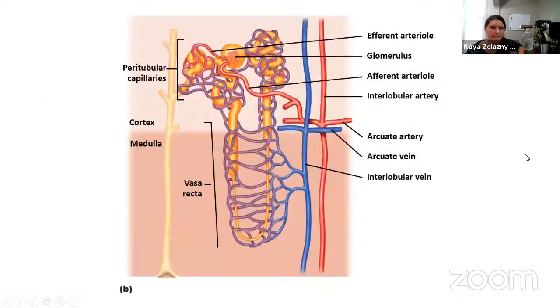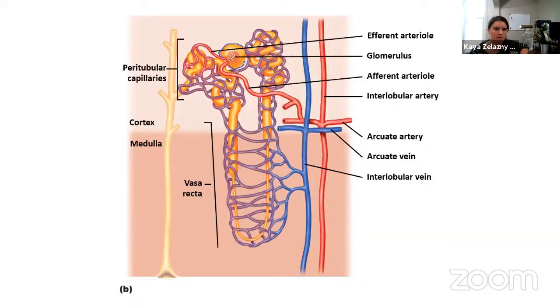Okay. So here we see a new but different picture of our nephron, right? So we can see some of the parts that I traced out for us at the beginning of class. So I'm going to trace those parts that we talked about first, and then we'll talk about this blood that's listed on here as well. So we talked about the renal corpuscle at the beginning here, right?